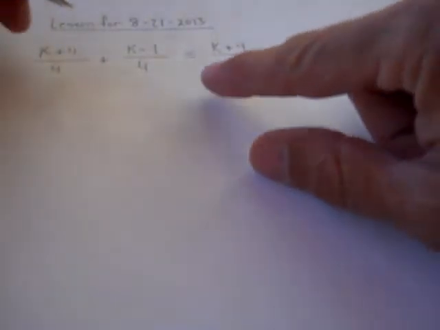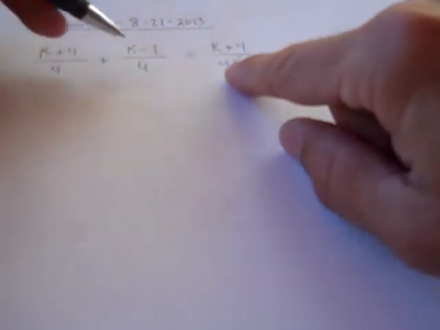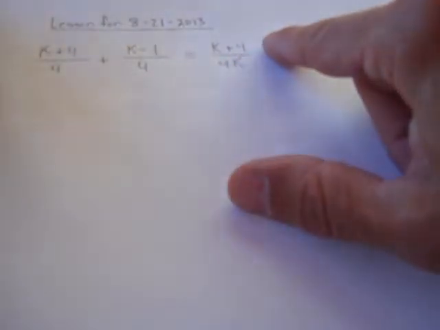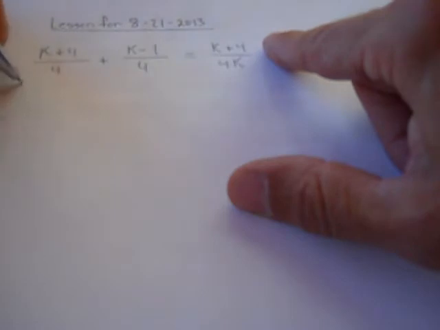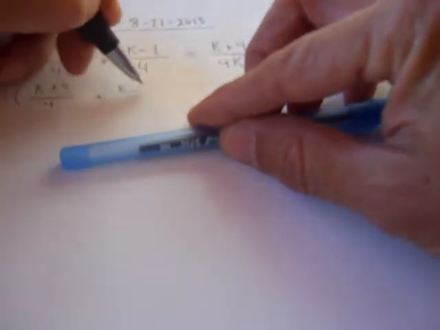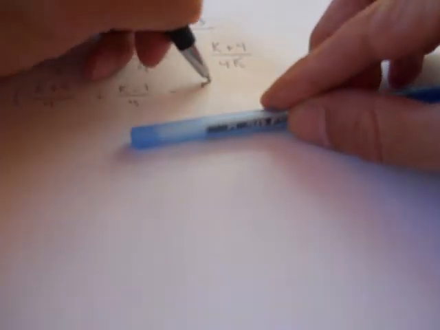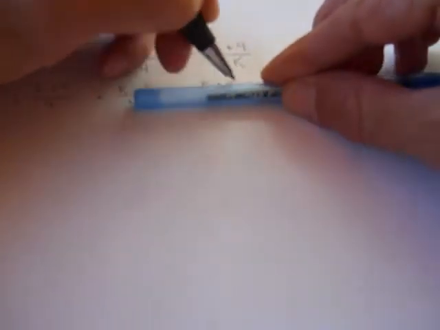The inverse operation of division is multiplication. I'm going to simplify the denominators on both sides. I'm going to multiply both sides by 4. So 4 times the quantity (K plus 4) over 4 plus (K minus 1) over 4 equal to (K plus 4) over 4K.